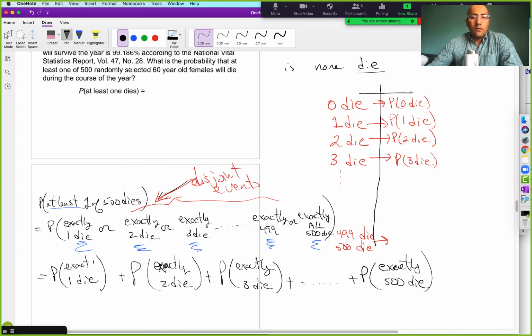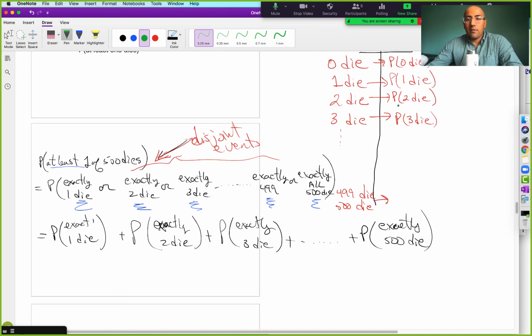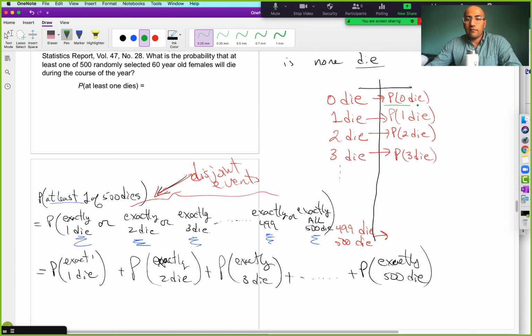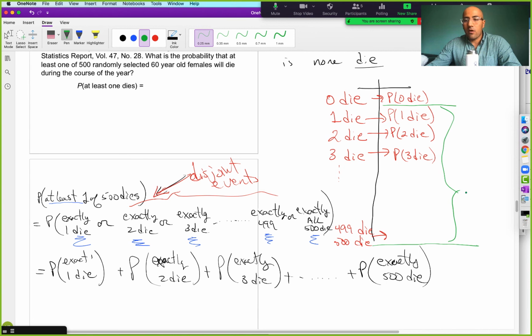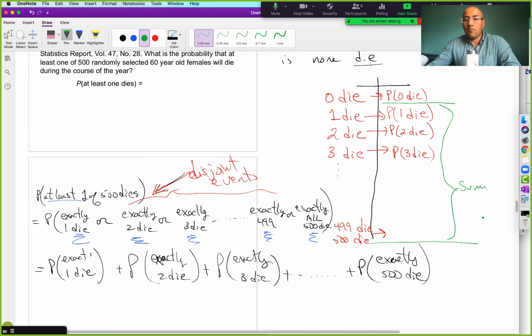Good. So the answer I'm looking for is going to be to sum up all of these probabilities here to here, right? Sum them all up. And that's going to be my answer to the statement, at least 1 dies. Good. Any questions about that?